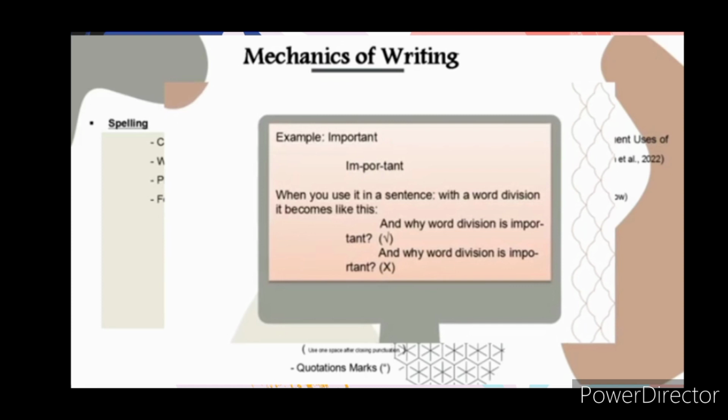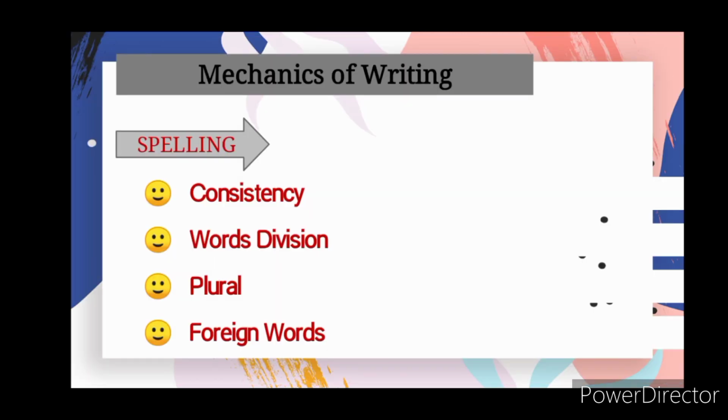And why word division is important? That is the correct way of dividing a word. And why word division is important? It is the wrong way of using the word division. Then, plurals.